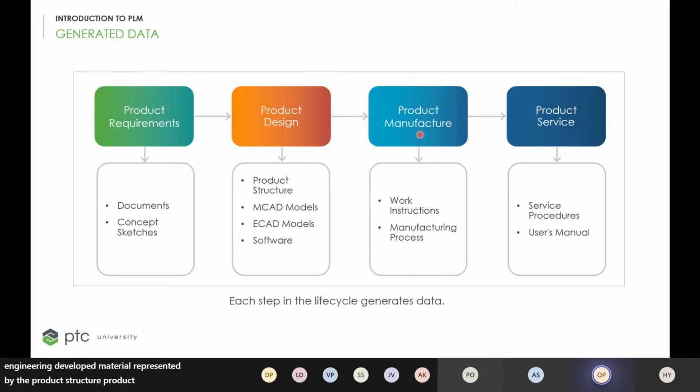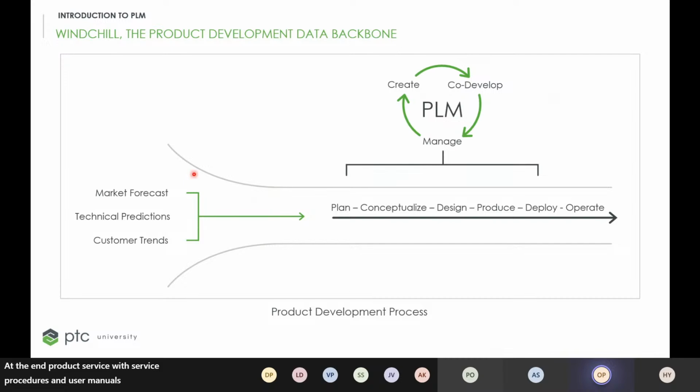Product manufacturing, over here we also need to work with process plans, with manufacturing bills of materials representing manufacturing processes, and of course the work instructions for the plants. At the end, product service with service procedures and user manuals. That's why Windchill PLM is considered the data backbone for the product development.